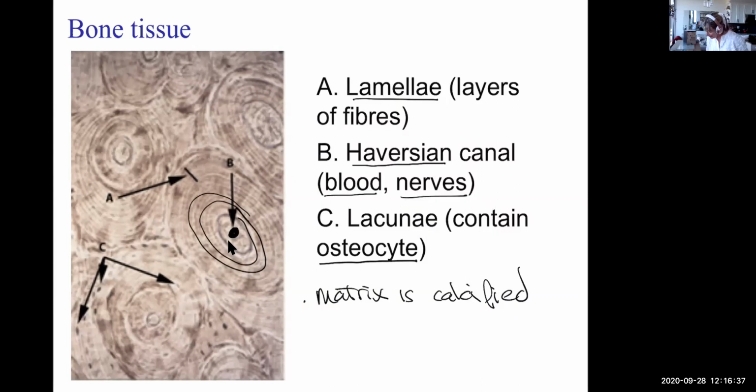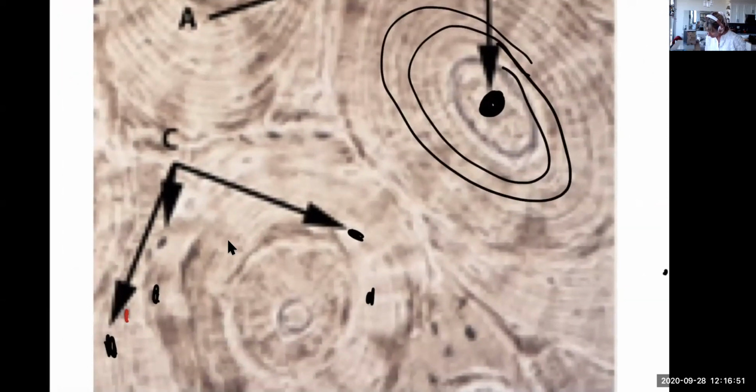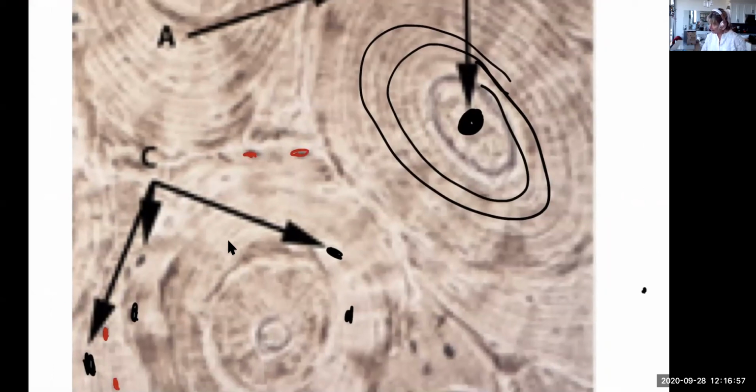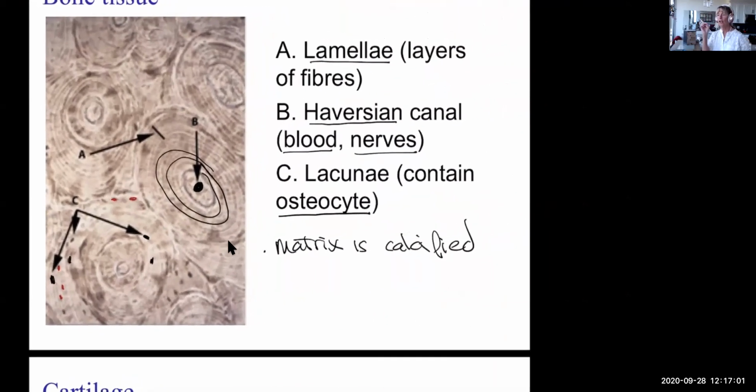The lacunae, so these smaller dark areas here and here, can you see that? Lacunae are like little depressions, little hollows in the bone, and they contain osteocytes.